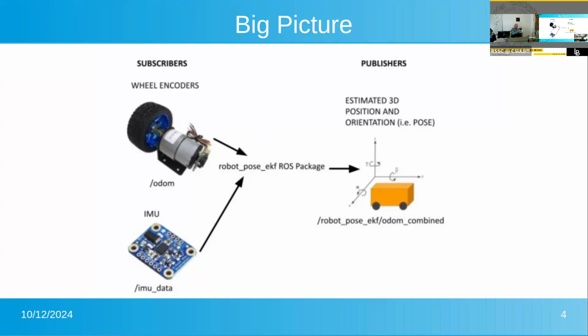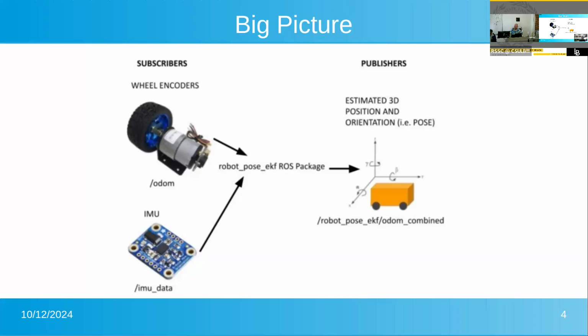But the bigger picture in ROS is that you have that IMU, you have a wheel encoder on your motors, and all that information goes into processing to find your estimated 3D position and orientation. That's the pose.